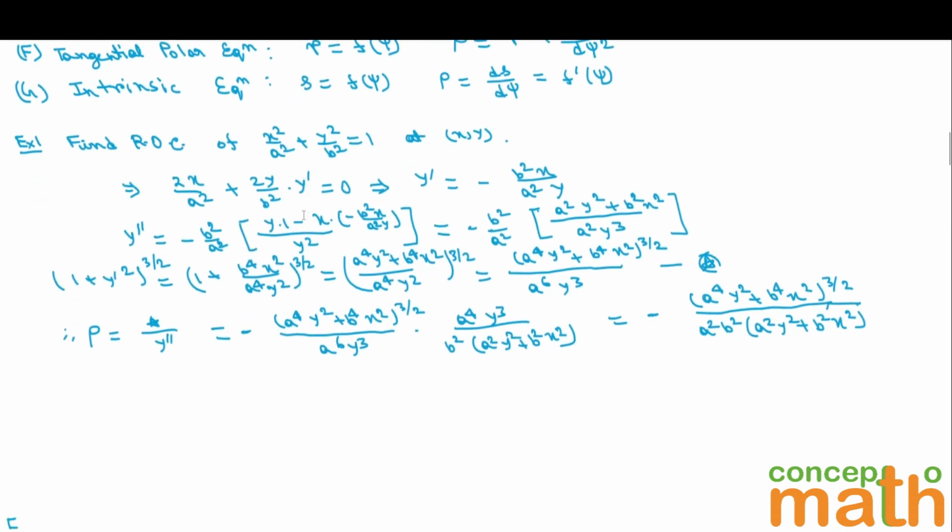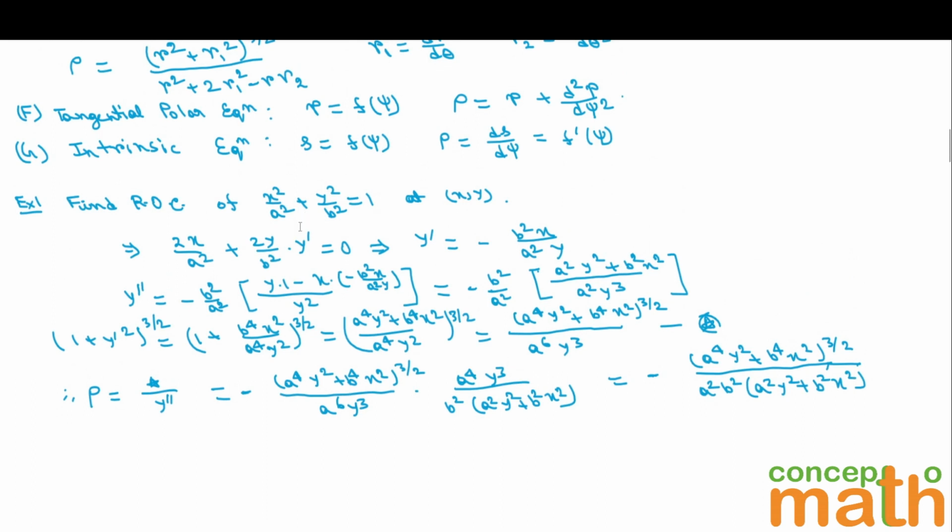Now see, as the point (x, y) lies on the ellipse, it will satisfy the equation of the curve. So that means b square x square plus a square y square will be equal to a square b square. So the value of this expression is always a square b square if the point (x, y) lies on this curve.